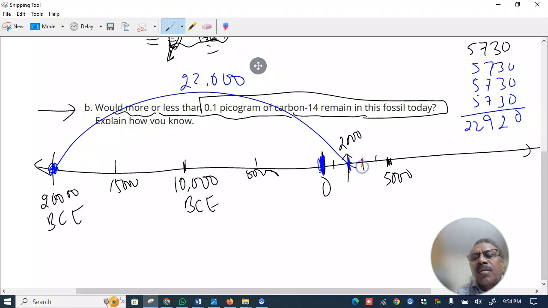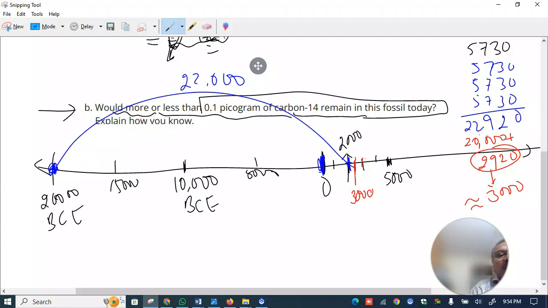Suppose I say this is 4,000, somewhere here. So this piece is about 3,000, because this is 20,000 plus 2,924, which is approximately 3,000. That's why I'm saying this is 3,000.